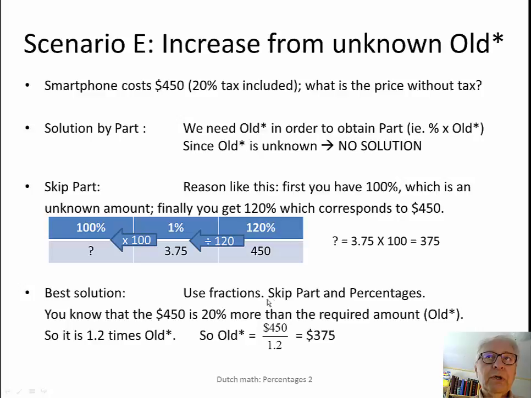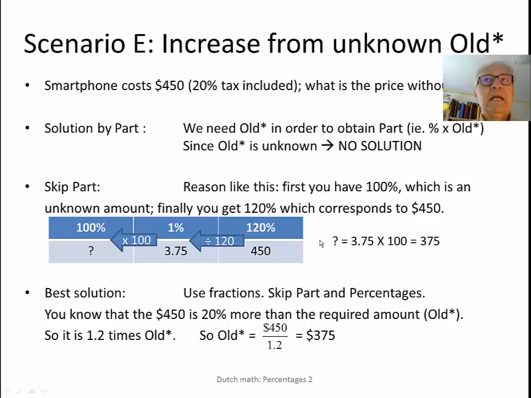You can also use fractions. You know that $450 is 20% more than the required amount. So the required amount is $450 divided by 1.2, which is again the same as we found in the second method.